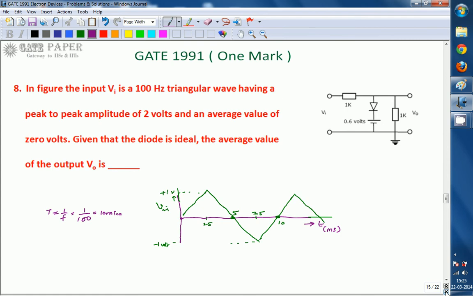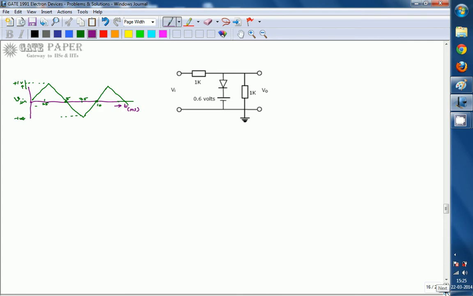Now we will apply this input waveform to the circuit shown. If you observe, the diode is ideal, but its N side is connected with 0.6 volts. So the diode will be forward biased if you apply at least 0.6 volts or more on the P side.